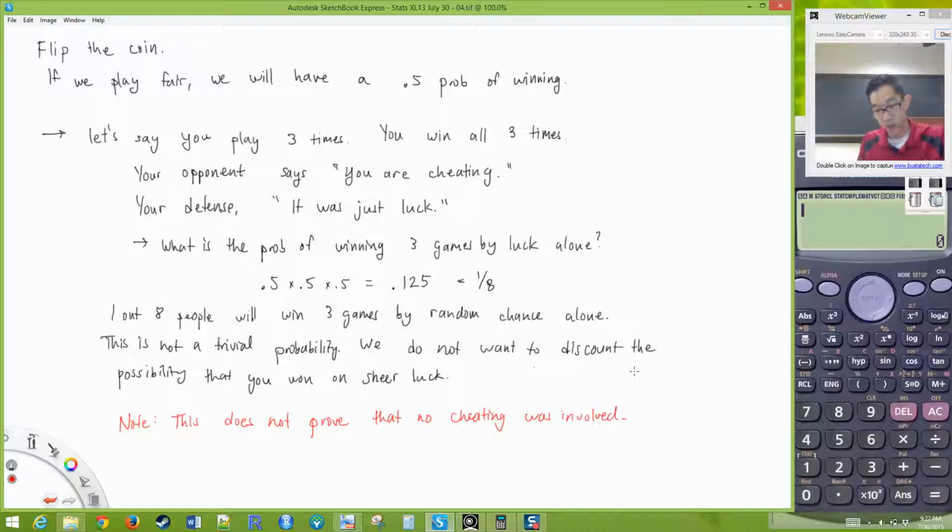All it says is that it's quite likely for it to happen by luck alone or random chance alone. So we'll give you the benefit of the doubt and say this doesn't cause us to believe that you are cheating. The fact that you won 3 games out of 3 is not enough to convince us that you are cheating.